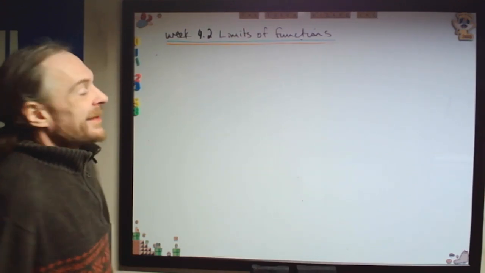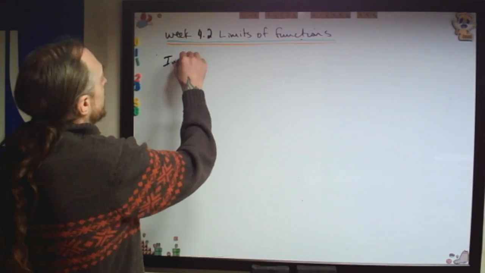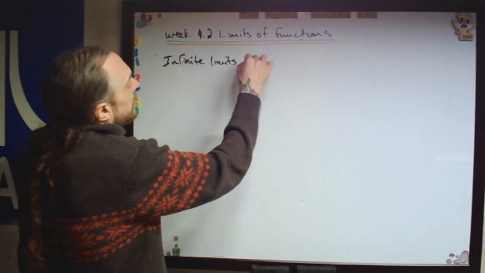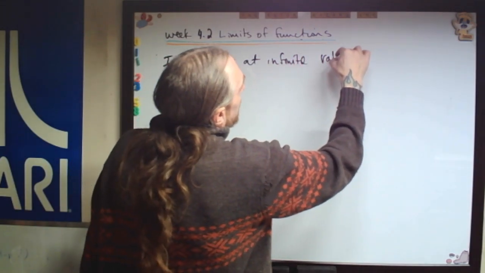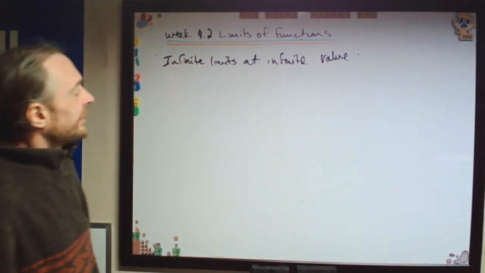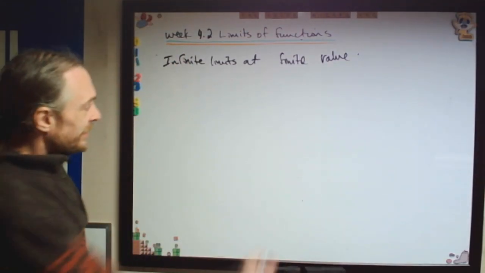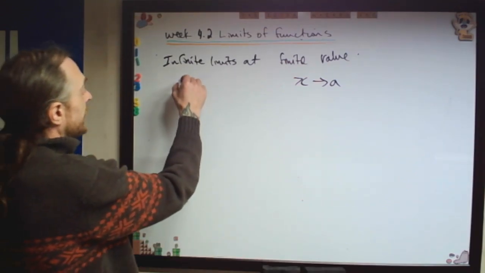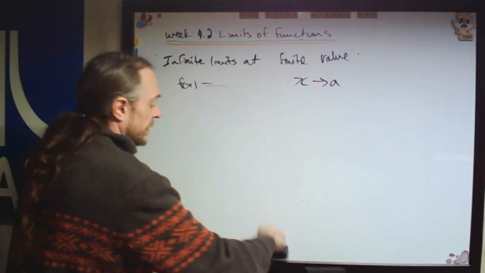All right, the limits we're now going to do are infinite limits at finite values, which means x is still going to approach a value and f of x is going to blow up.